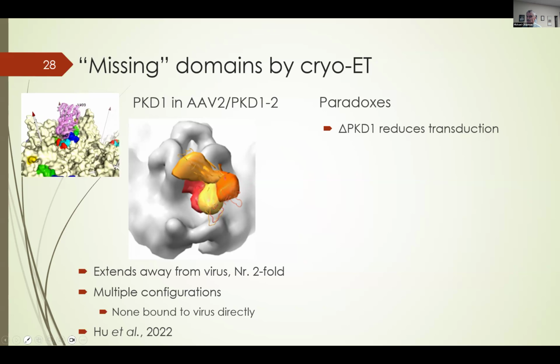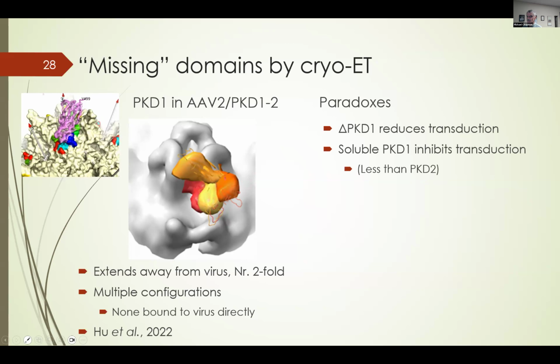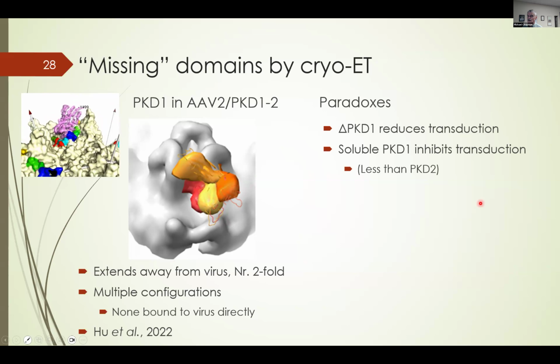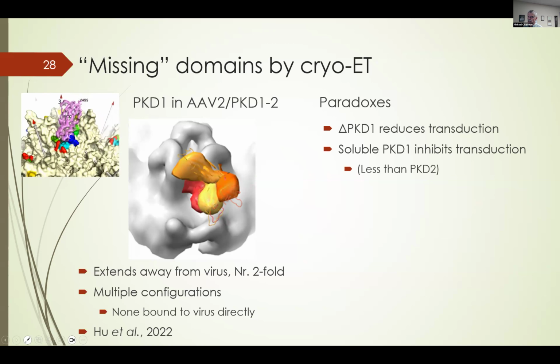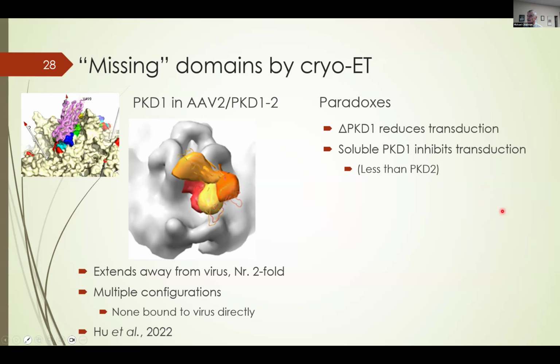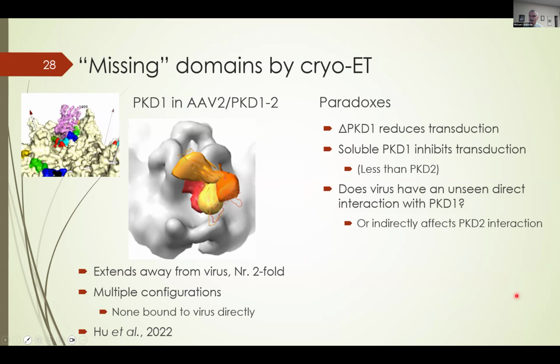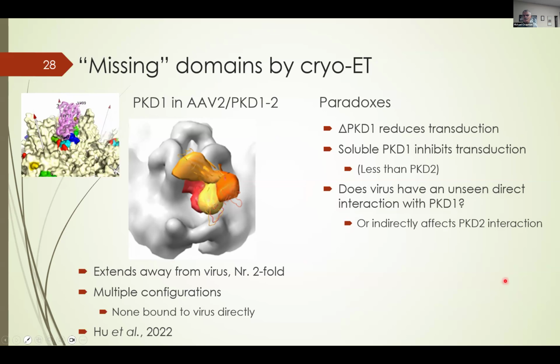Well, that could have been a direct effect, or possibly deletion could have been affecting domain 2. But then Nancy went on and found that if she added a solubilized PKD1 only construct, that would competitively inhibit transduction, which seems to indicate that PKD1 is directly involved in binding to the virus. So there was evidence for and against a direct interaction.